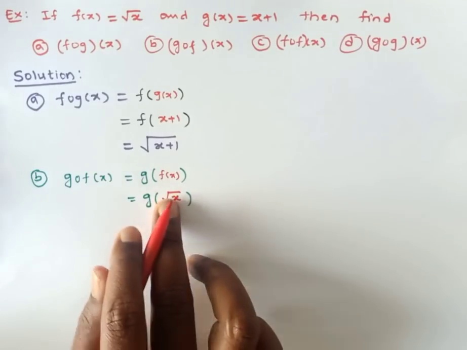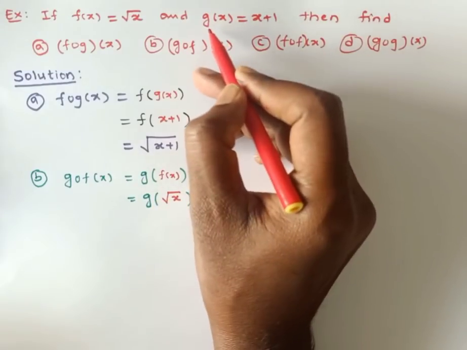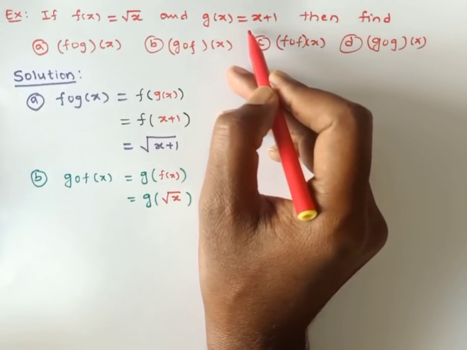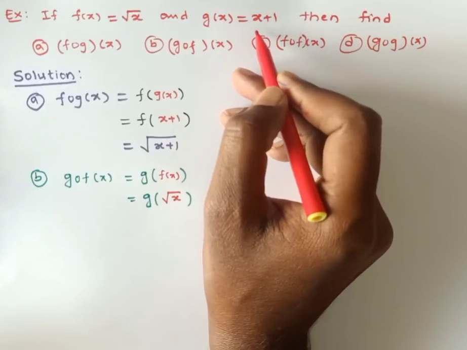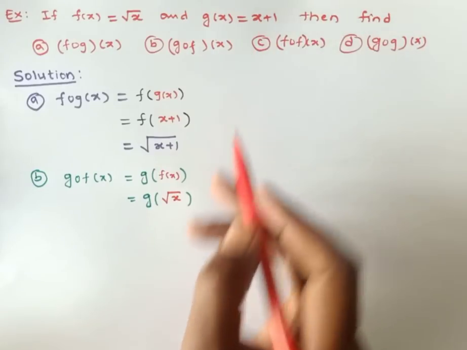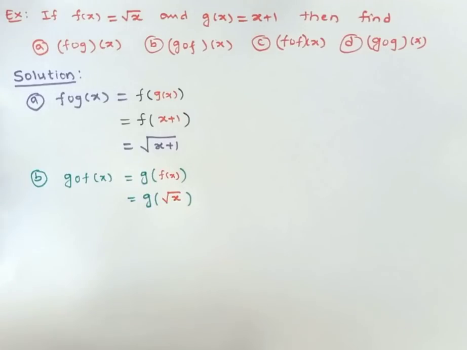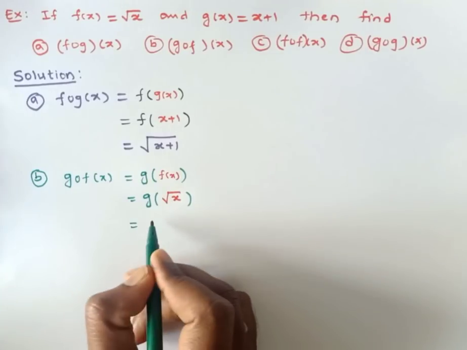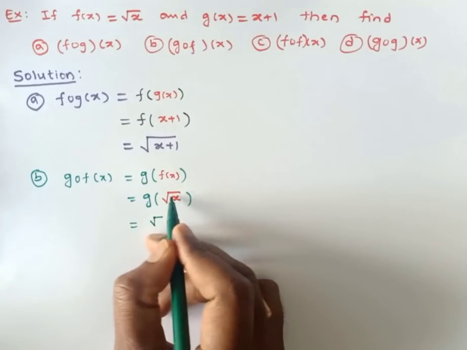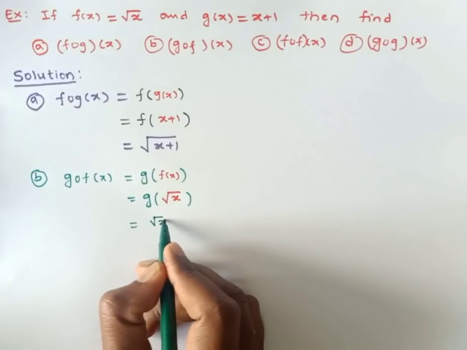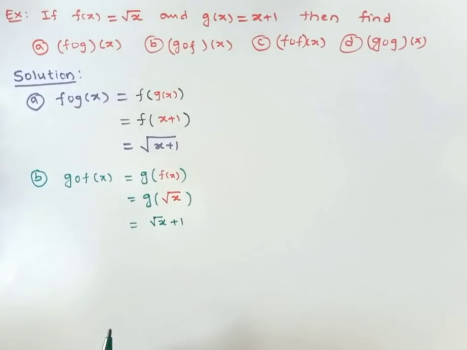It is in the form of g of x. Here the function g of x is defined in the hypothesis, that is x plus 1. So you need to replace this x variable with this expression, so we get this as root x plus 1.